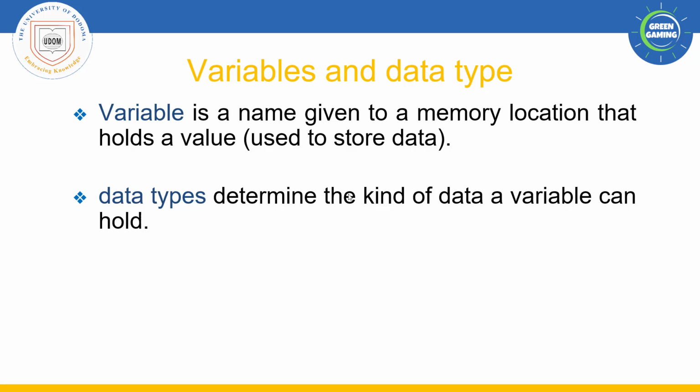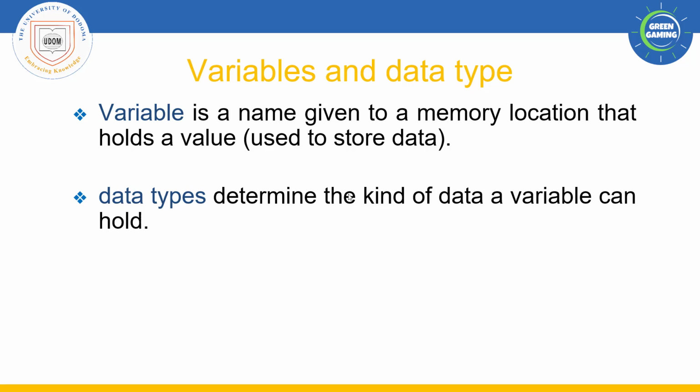A data type determines the kind of data a variable can hold, right? A single variable can hold a single value, but this value which is held in the variable is required to have a data type. A data type determines what kind of data is stored in our container, or what kind of data is in our memory location.